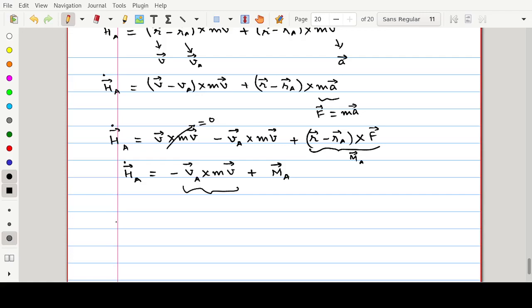This term, va cross mv, can be 0 for two cases: when va is 0, which implies a fixed point A, and when va is parallel to v, so they have the same direction.